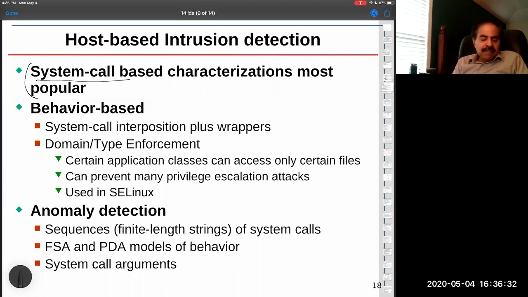Again, in the interest of time, I'm going to talk about a particular technique for anomaly detection that uses system call data. Looking at system calls is a very good way of understanding application behavior, and looking for anomalies in the system call sequences is a well-established way of detecting attacks.